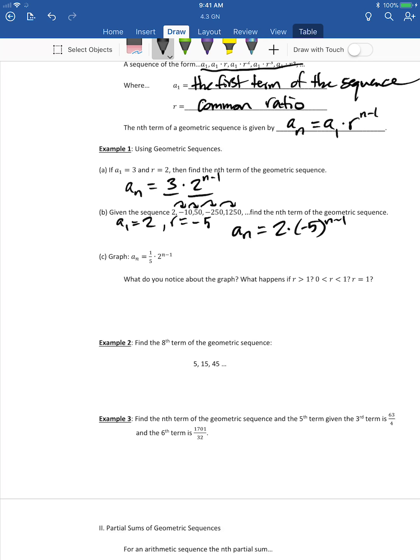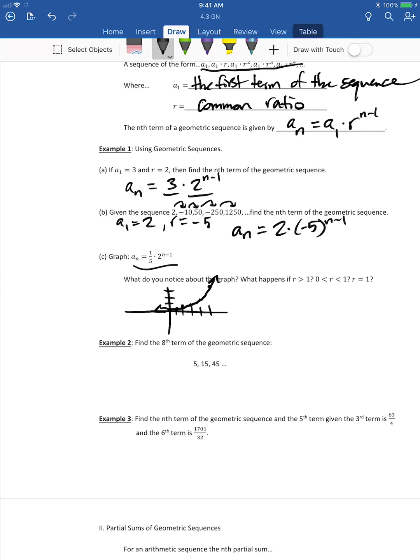Now let's look at graphing this. So we graphed an arithmetic sequence, and we saw that it ended up being a linear function, where the common difference was the slope. Here, if I graph this particular function, and I took the liberty of already coming up with a few values before this, so you wouldn't have to sit here and listen to me try to plug in some numbers, we get a graph that looks like this.